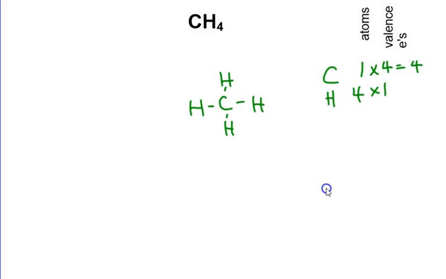Don't confuse the valence and how many he has to have at the end. How many he has to have at the end are part of the bonding. But when we do what we're doing right now, this is counting what's going in. They're all going into a common pot. And so we have to have 8 valence electrons total. So let's count. 2, 4, 6, 8.